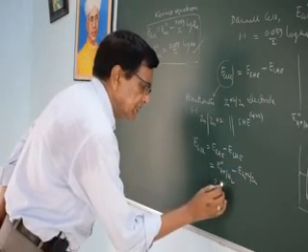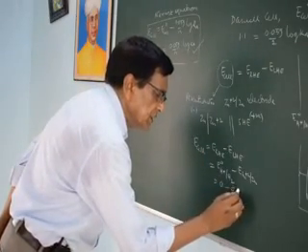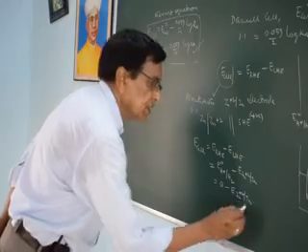This one is taken as 0. So 0 minus E zinc plus 2 oblique zinc.